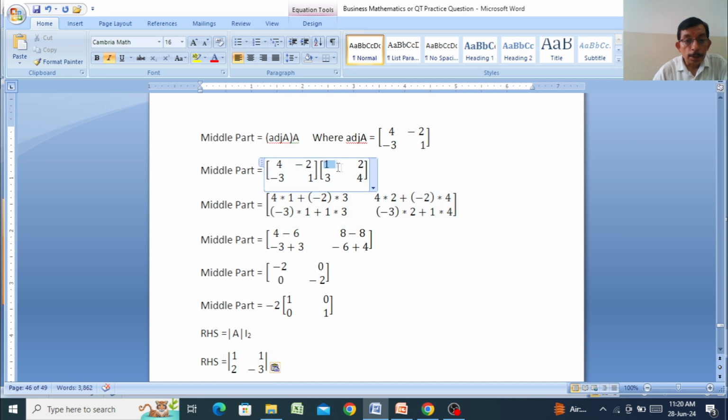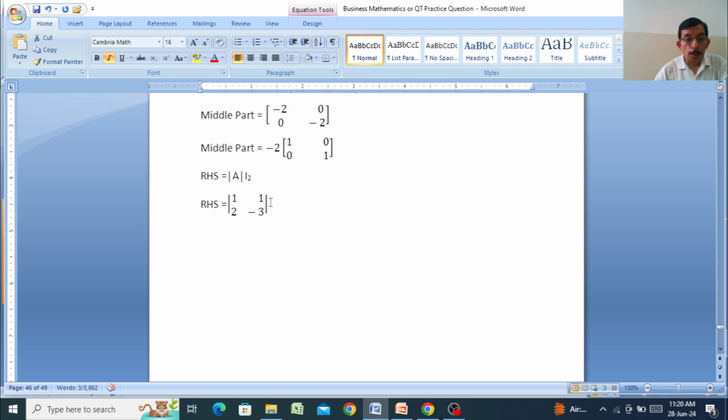The matrix is 1, 2, 3, 4. Note down 1, 2, 3, 4.